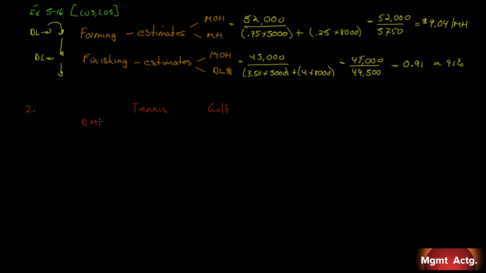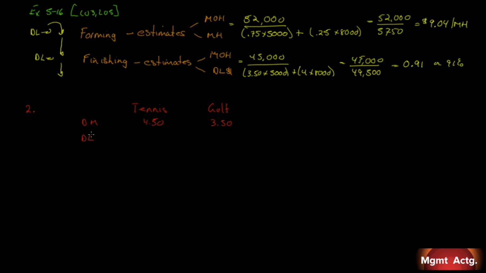Well, we're told it's $4.50 per unit. And for golf clubs, we're told that it is $3.50 per unit. Let's look at our direct labor cost. Well, in our direct labor cost for tennis rackets, we have $8 per unit that we're going to incur in the forming department, plus $3.50 we're going to incur in the finishing department.